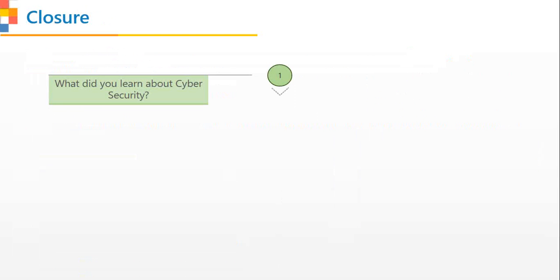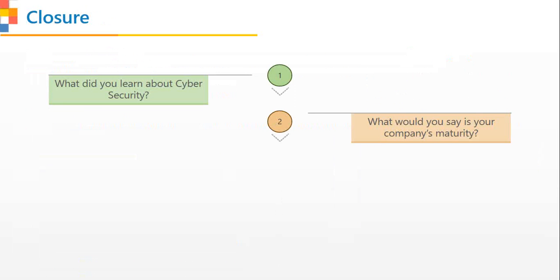Okay, and then at the end, we do a little closure to understand what kind of learnings you had about implementing cybersecurity in your respective organization, looking at all the learnings which you picked up during the entire simulation exercise. You would also be able to gauge your company's maturity while you are doing the simulation, because a lot of times all these things strike in our mind and we are able to correlate with our office work, that okay, I should have done this in my office job, or I could probably do this.